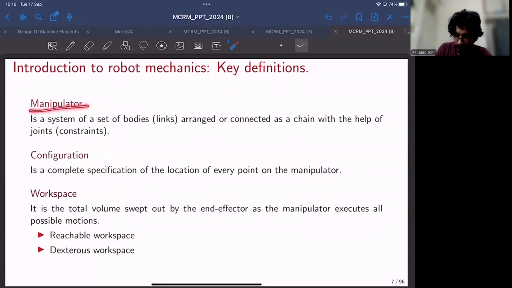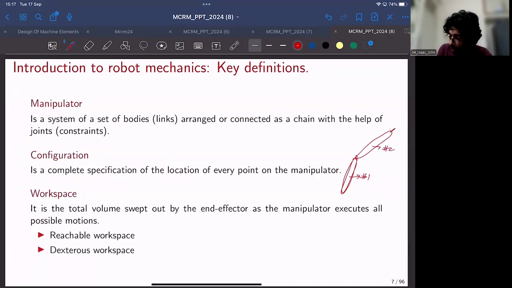What we mean by a manipulator is nothing but a set of bodies connected as a chain with the help of joints. That is what we have seen so far. And what do we mean by configuration? It's a complete specification of the location of every point of a manipulator. So for example, if you have a 2R robot like this, having two links, you can call this the first link, and this could be the second link.